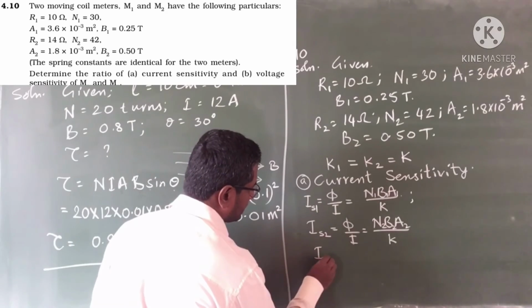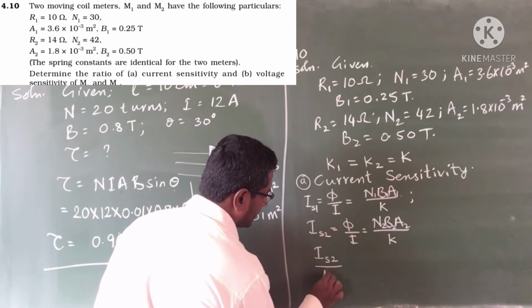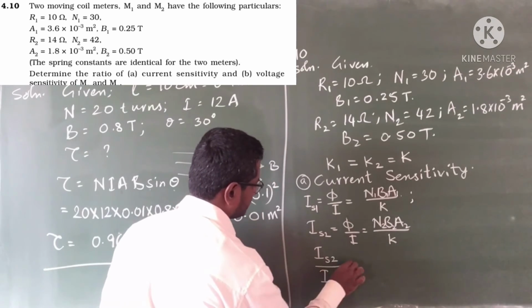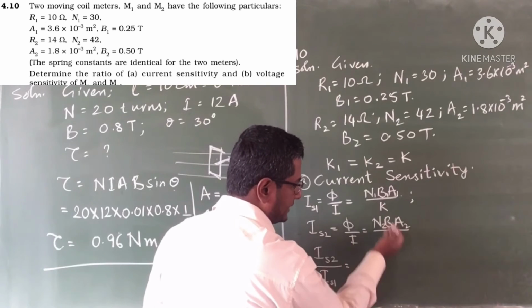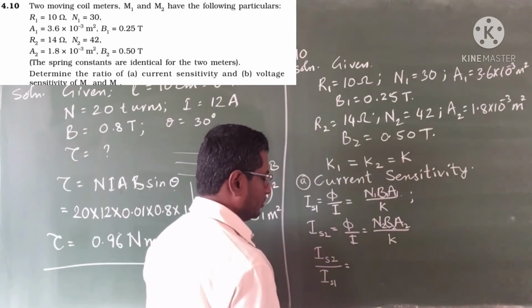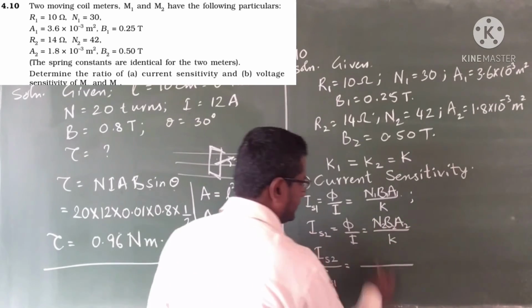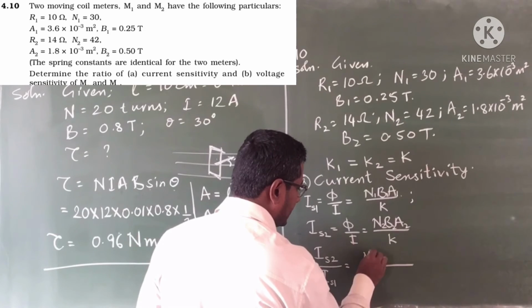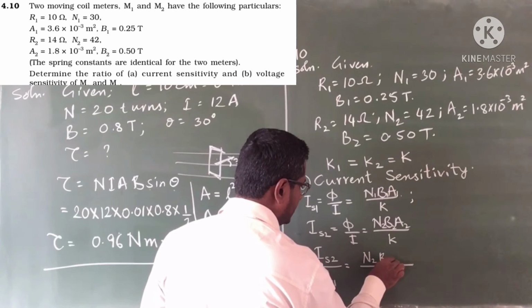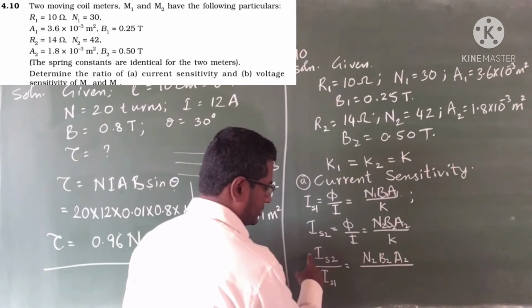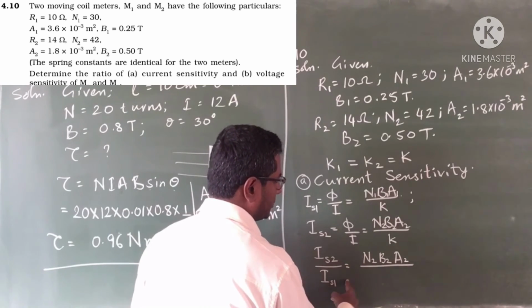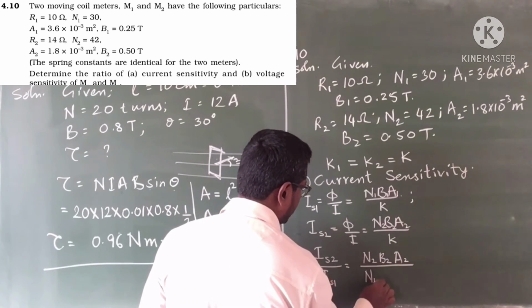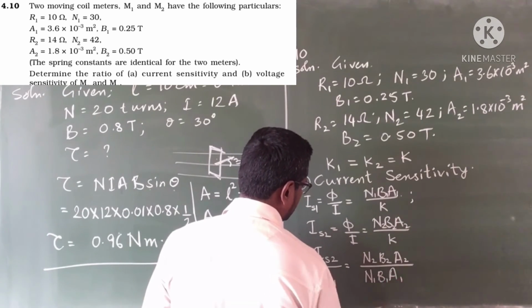Now it will be IS2 divided by IS1. If I take the ratio of these two terms, the K is the same, so it is going to cancel out. In the numerator, I am going to get N2, B2, A2, because it is IS2 in the numerator. Similarly, there is IS1 in the denominator, which I can directly write as N1, B1, A1.